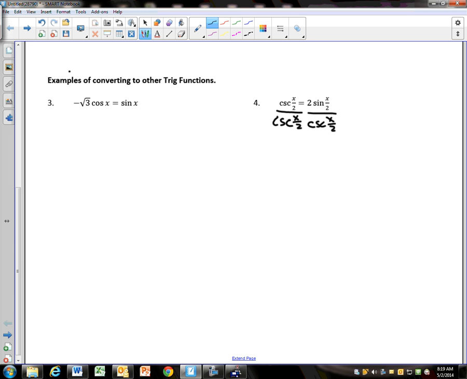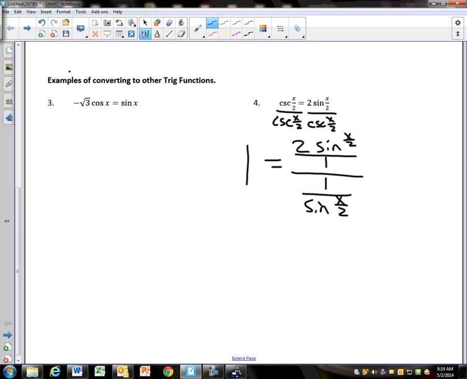What's cosecant of x over 2 divided by cosecant of x over 2? 1, equals, watch how I'm going to write this, 2 sine of x over 2 over 1 divided by, and cosecant can be rewritten as what? 1 over sine. So I'm going to have 1 over sine of x over 2.